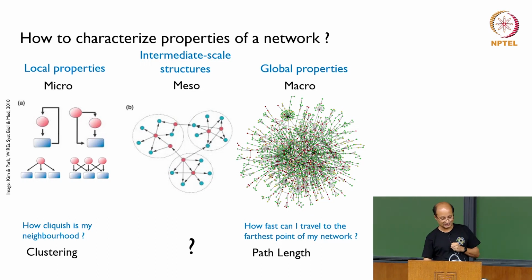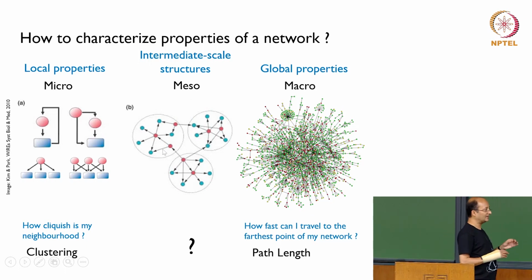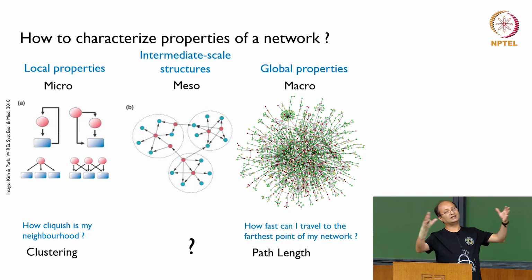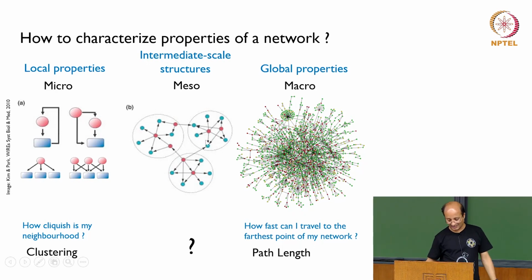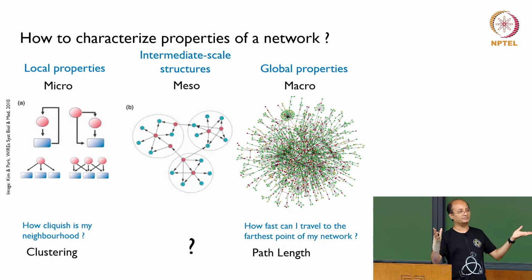And in this lecture, what we'll be dealing with are intermediate scale properties, or what I call meso properties, which is neither looking at local neighborhoods of individual nodes, nor looking at the entire network. Rather, it's looking at groups of nodes and how they relate to other groups of nodes. So that's the sense in which I mean meso or intermediate.